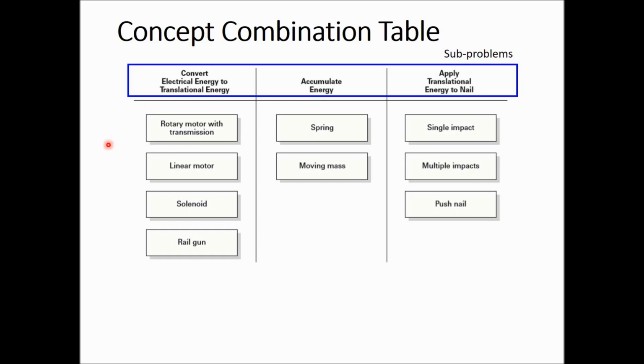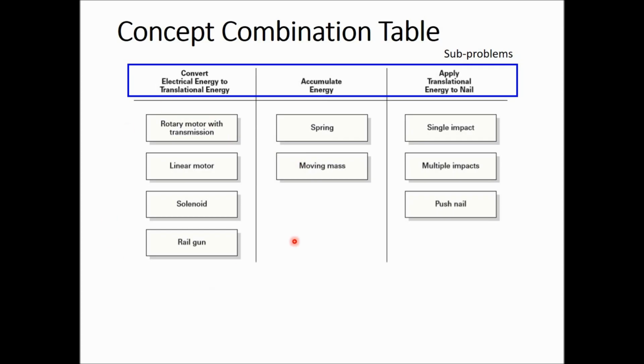Each of these sub problems are indicated in the first row, as you can see here, and in these associated columns we write down the different technologies that we could use to implement this sub problem. For example, to accumulate energy, you can use spring, you can use moving mass, like that.